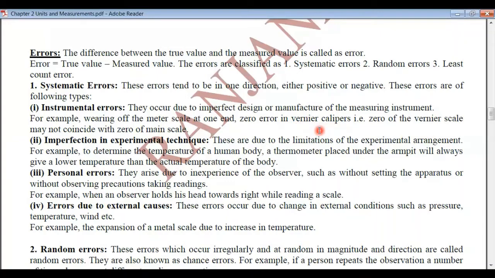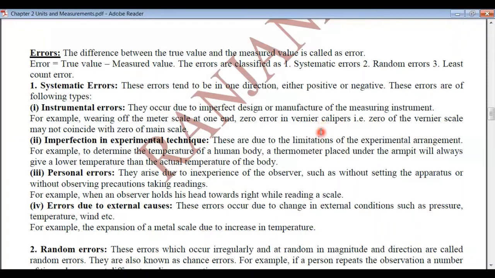One is the main scale, the regular scale, which is called the main scale. And in vernier calipers, there is one more scale which can slide on the main scale. Such a scale is called the vernier scale, which has 10 divisions on it. On the main scale there can be a number of divisions, but on the vernier scale there are only 10 divisions.